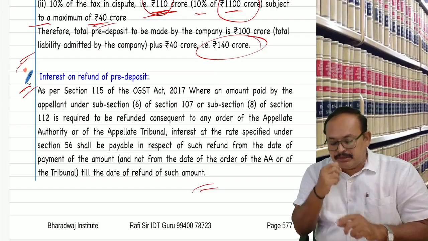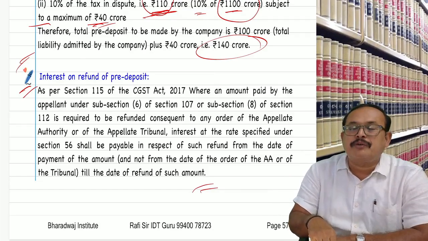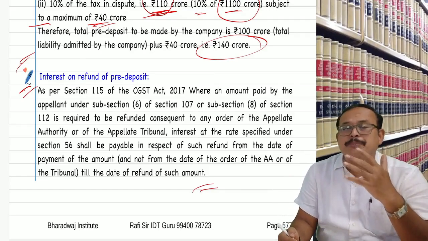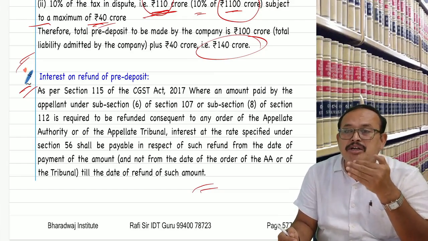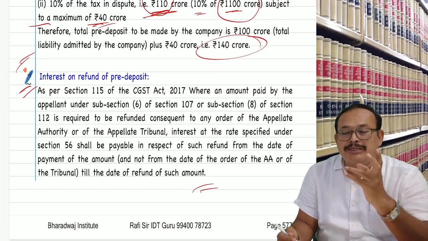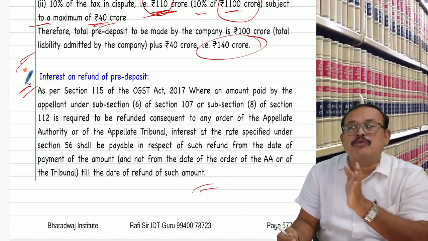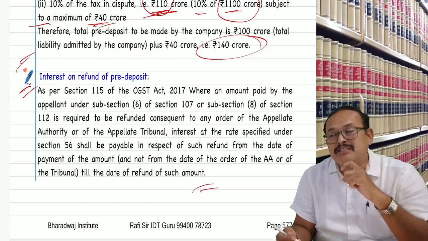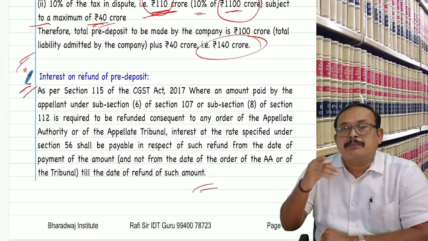In the last class, we understood by discussing elaborately the concept of appeals, where we introduced the route for appeal. Any person aggrieved with the order of superintendent, assistant commissioner, deputy commissioner, can go for appeal to the joint commissioner appeals, where 10% of the pre-deposit of the tax dispute is supposed to be deposited.